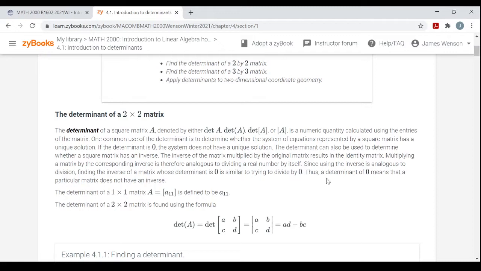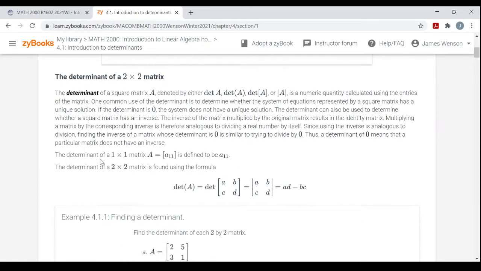Thus, a determinant of 0 means that a particular matrix does not have an inverse. Right, so if a determinant is 0, no inverse. If the determinant of a square matrix is not 0, then it will have an inverse. Okay, keep that in mind.